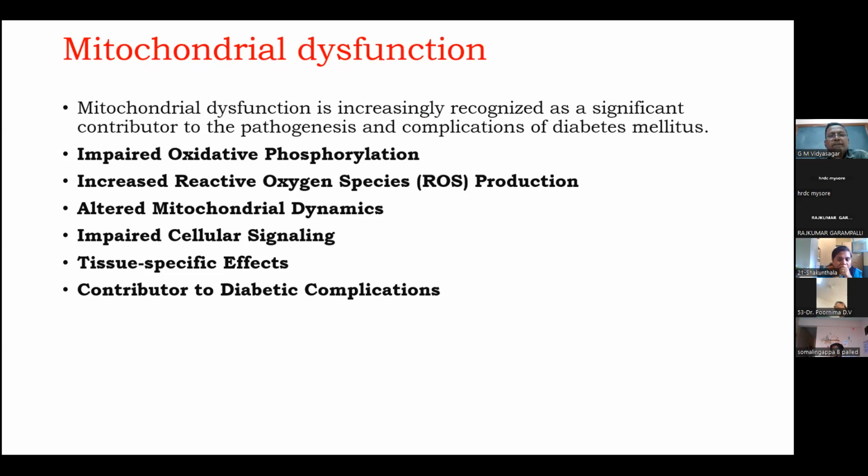Then mitochondrial dysfunction is increasingly recognized as a significant contributor to the pathogenesis and complications of diabetes. Mitochondria are one of the most important components of the cell where glucose metabolism is carried out. Lots of enzymes and genes are involved in this process.